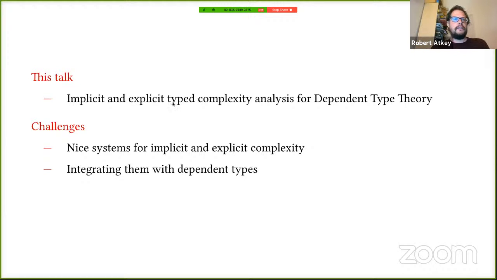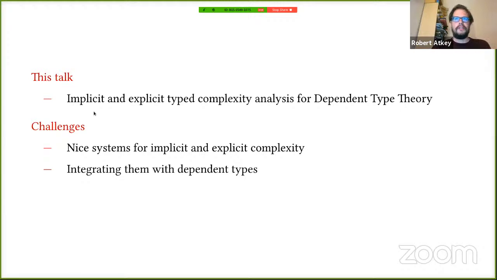Now, the challenges in getting this to work are, first off, having nice systems for implicit and explicit complexity in the first place. If you're familiar with any of the literature on implicit computational complexity, much of it uses linear logic, as you might guess, but also Church encodings to encode data types.